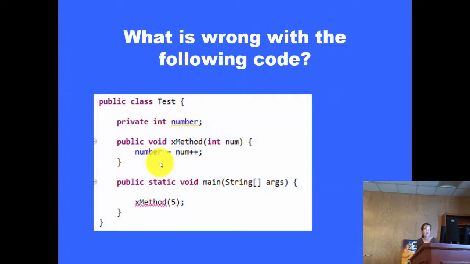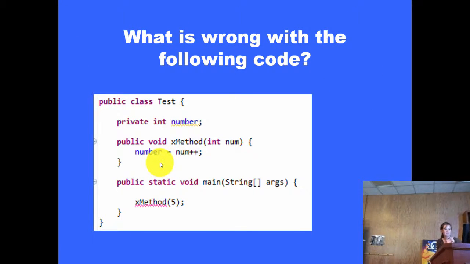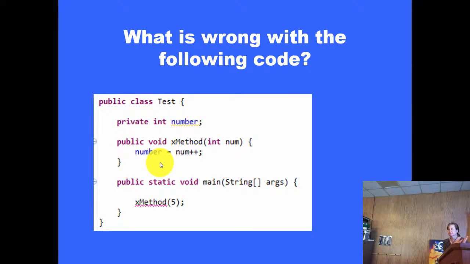Okay, so we have some code that looks like this, and there's something wrong with it. You can see the red underline. What do you think, Pedro?